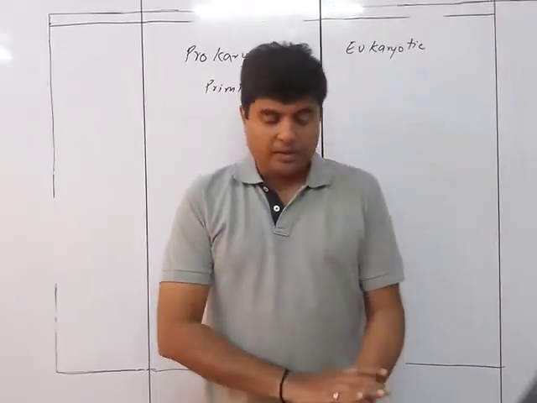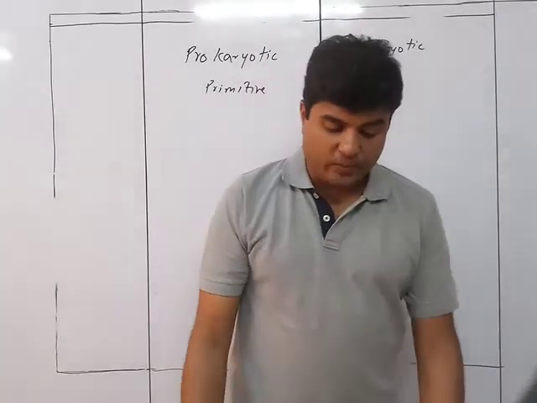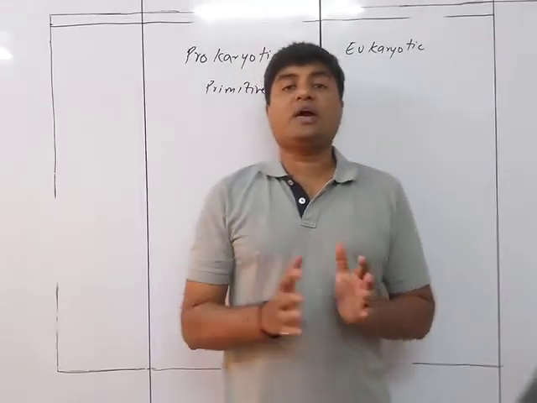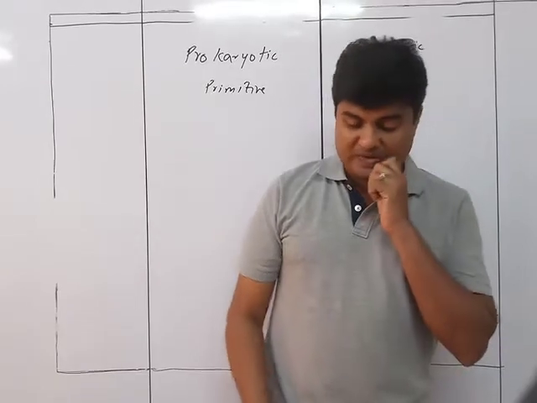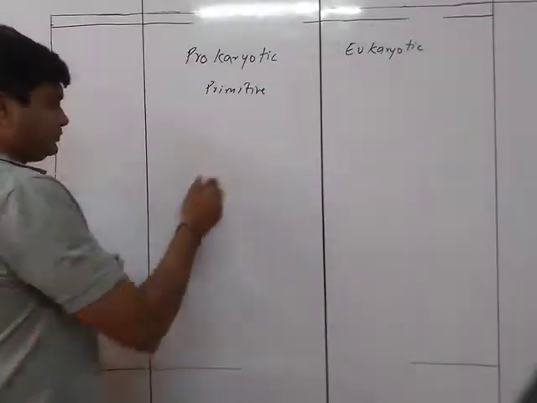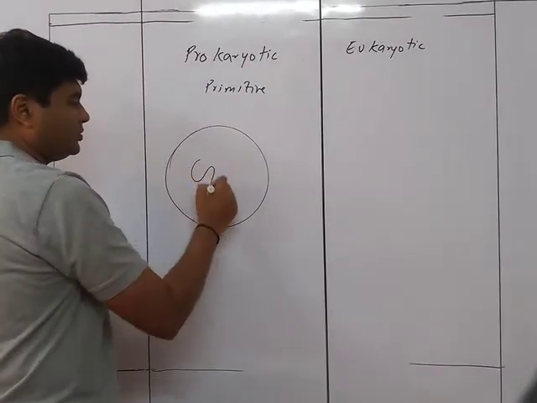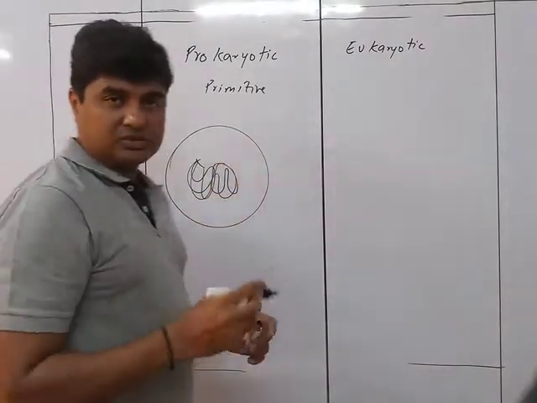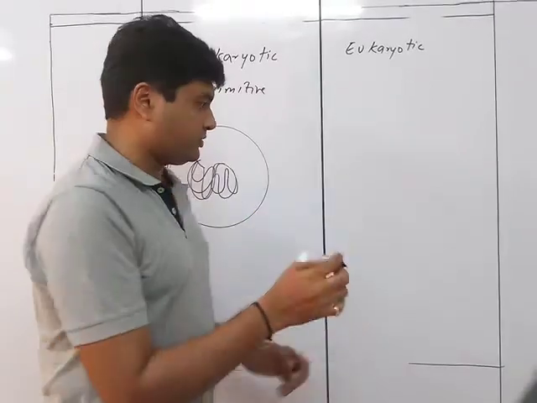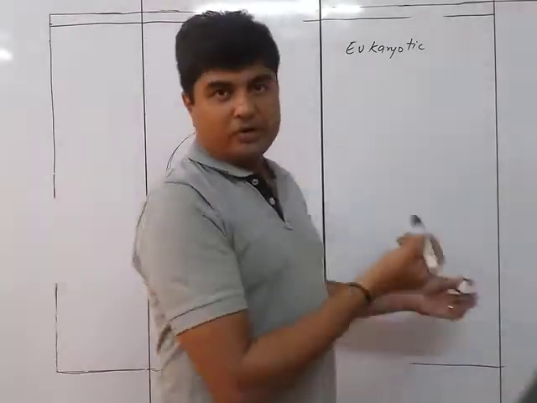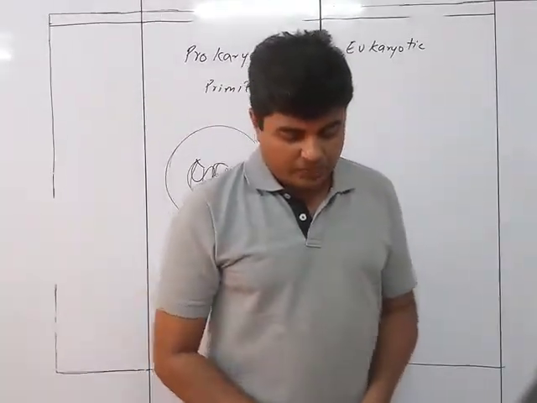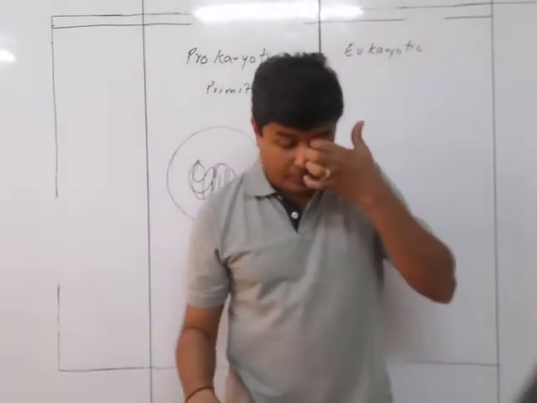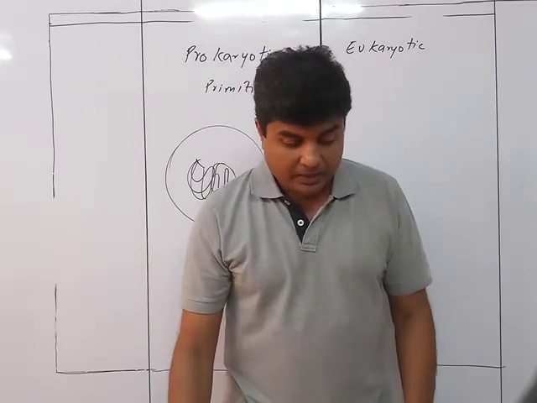Meaning wise it is this way, whereas the difference is that the prokaryotic cell does not have a well-defined nucleus. In a prokaryotic cell, the chromatin fibers are just inside, bundled up, without a nuclear membrane. Whereas the eukaryotic is a normal cell with a well-defined nucleus with a nuclear membrane.